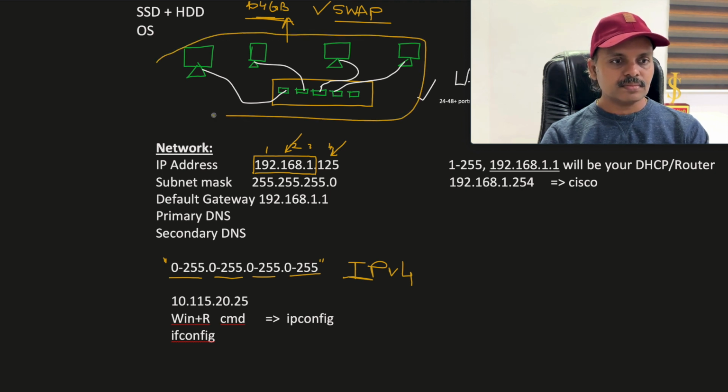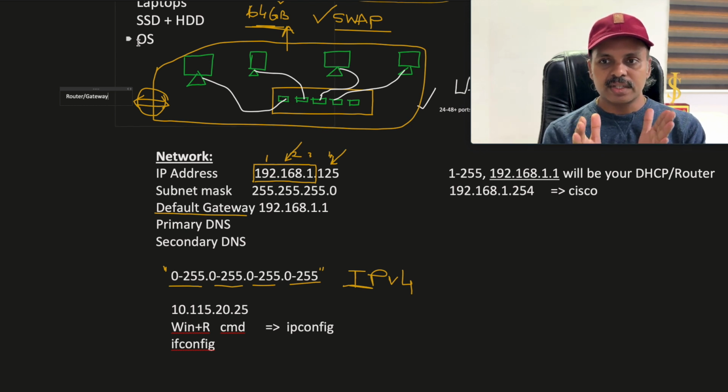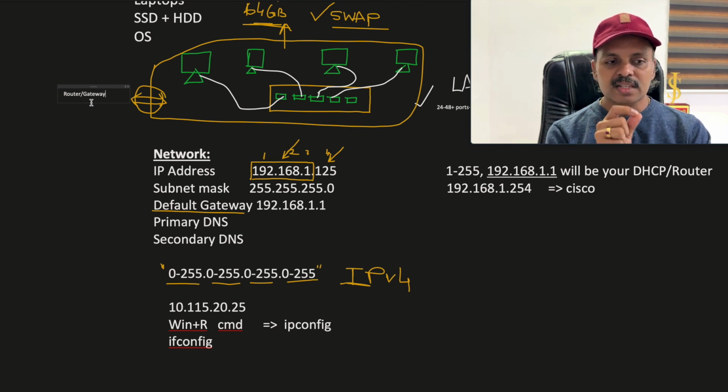If these machines want to get internet or outside network connectivity, they should go through something called a router or a gateway. People use these interchangeably, but technically a router is a device, a switch kind of device, and the IP address given to that router is considered the gateway.